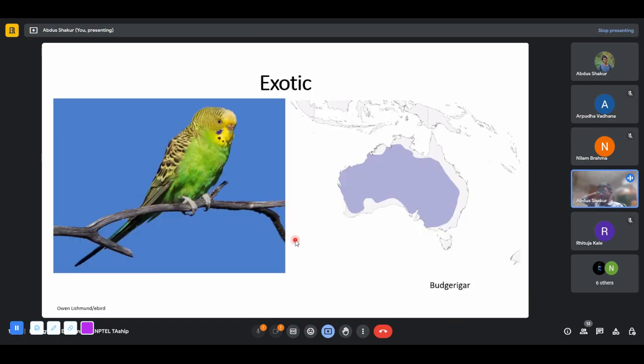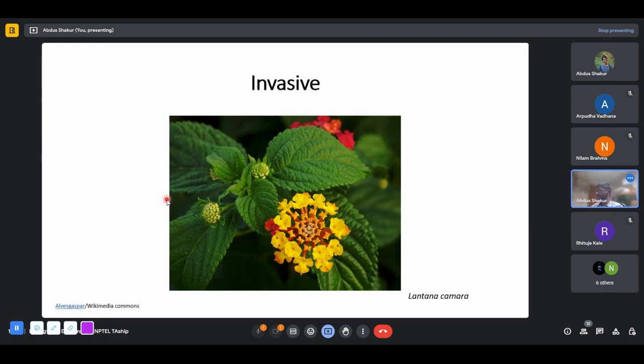However, there are some species that you see in India, but they are non-native to India. Their original distribution is somewhere else, but because of humans, this species is found here. These types of species are called exotic species. And then there is the case of invasive species. Its distribution is somewhere else.